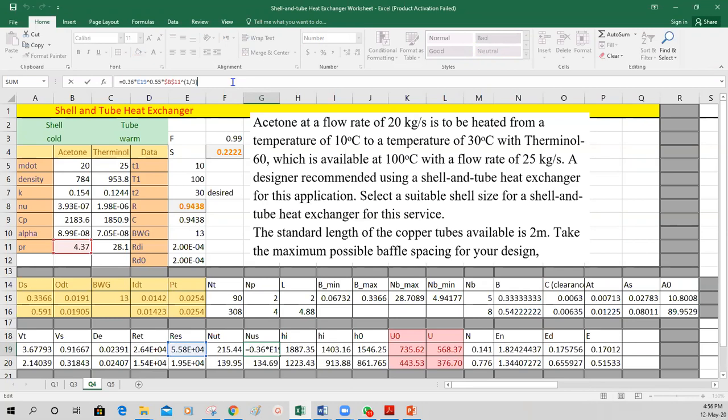You see it on my screen? For the tube side, we use the same turbulent flow formula, but for the shell side the formula is different. Yes, doctor. The shell side formula has 0.36, correct, for the shell side. For the tube side, doctor.